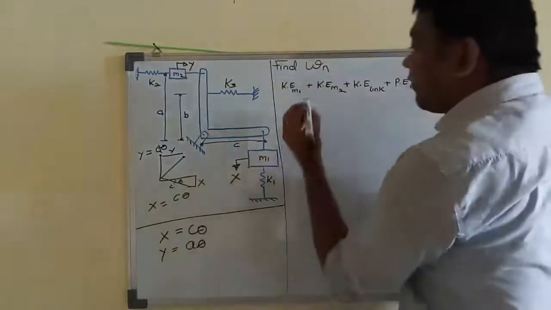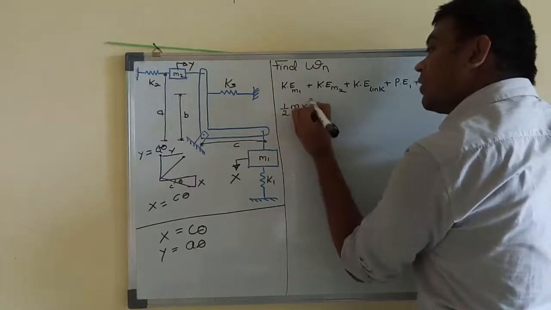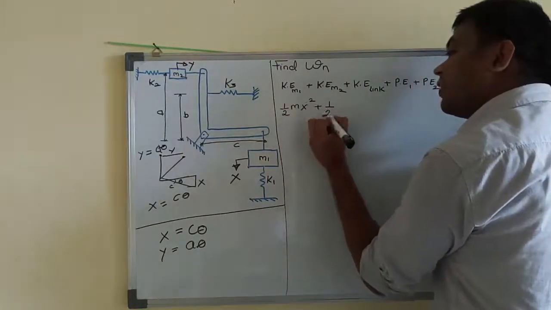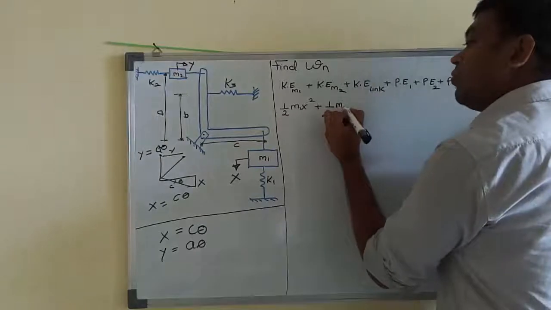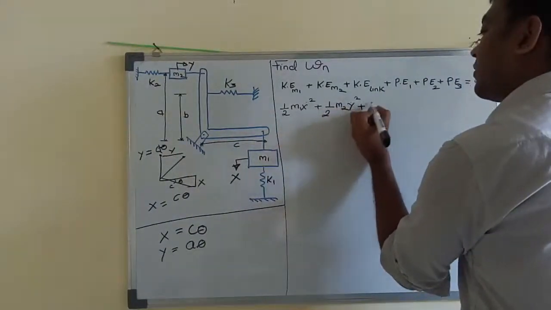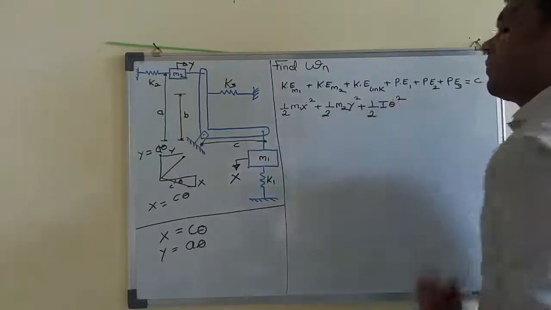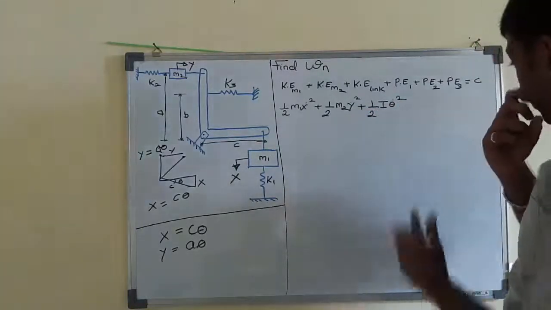Here we will write half m1 x dot square plus half m2 y dot square plus the kinetic energy of the link, half I theta dot square, because it is possessing rotary motion.